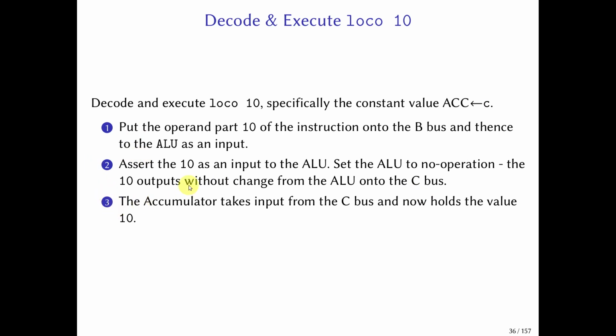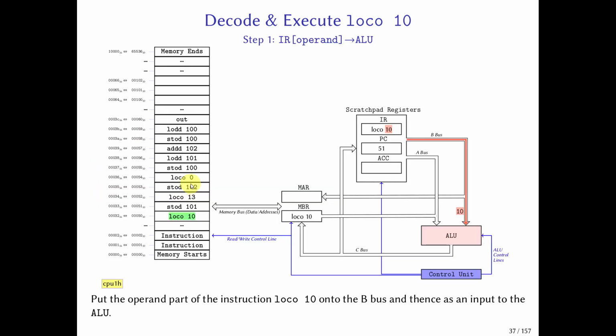I won't read these out, I'll just go to the animation, and you can see that the control unit takes the operand part of the instruction. So remember that machine code instructions have 2 parts to them. The first is the operator, which in this case is loco, and the second part is the operand.